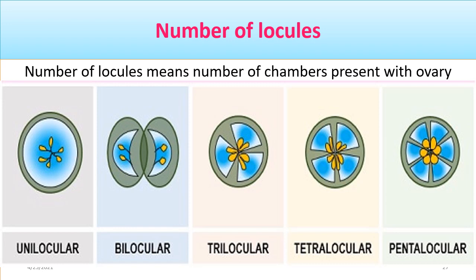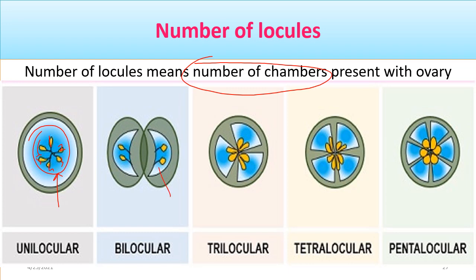Then number of locules. Locules means number of chambers. So here you can see only one chamber is there, even though ovules are more in number, 1, 2, 3, 4, 5, 6, but still the number of chambers is 1.